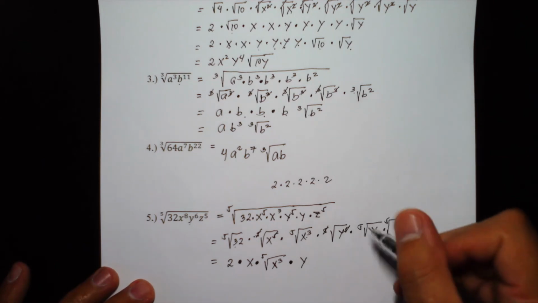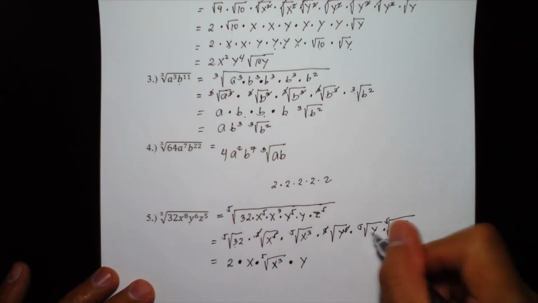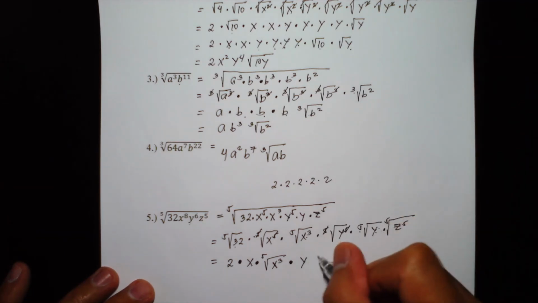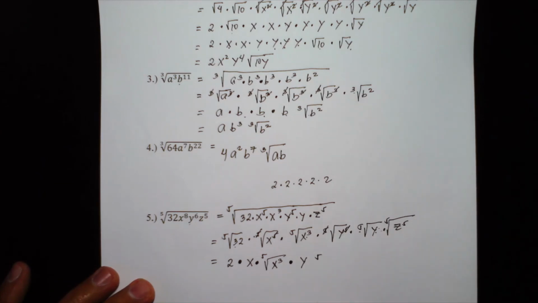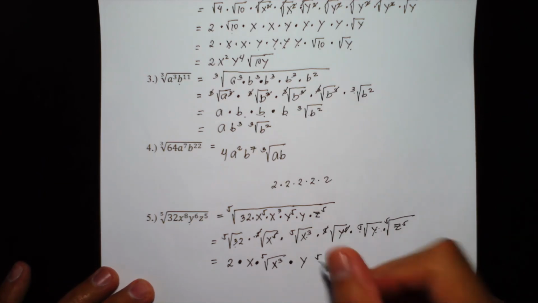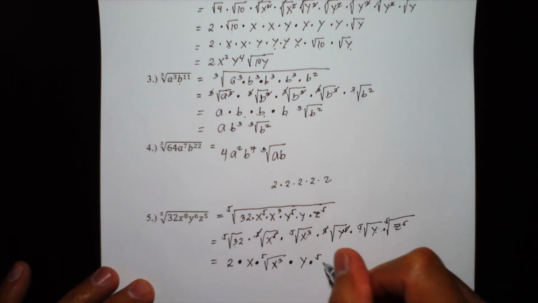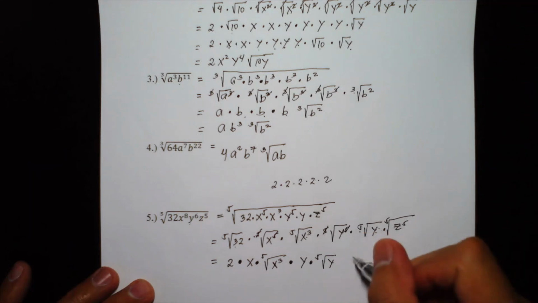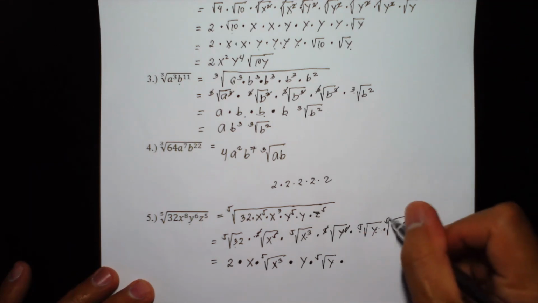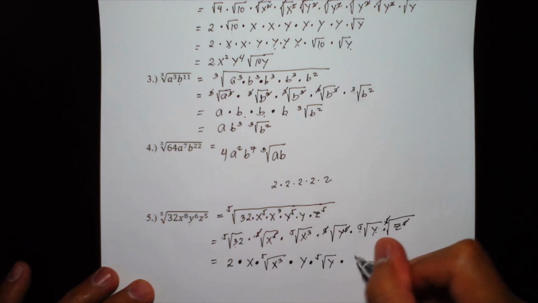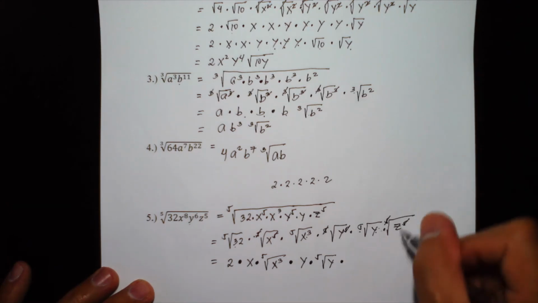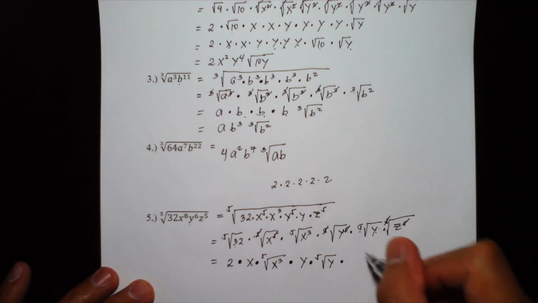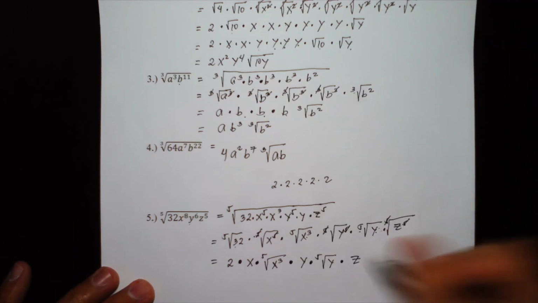Still it does satisfy the fifth root, therefore it will remain fifth root of y. Then multiplied by, cancel this one, it satisfies the fifth root, therefore it will be removed from the radical sign, it will be z.